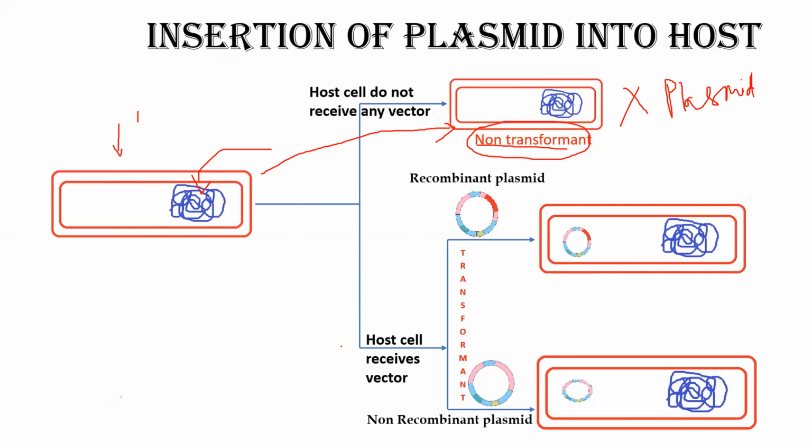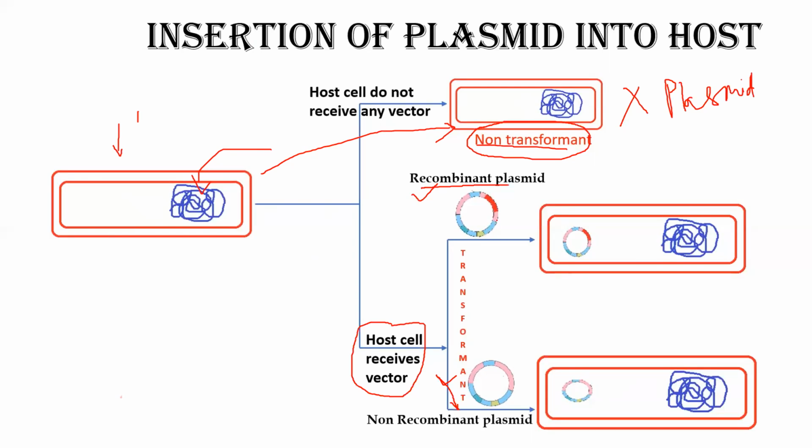Secondly, what if the host cell receives the vector? Now you know that there were two types of vector. One was recombinant and another one was non-recombinant. So if it is receiving the vector, either it will receive this one or it is going to receive this one.